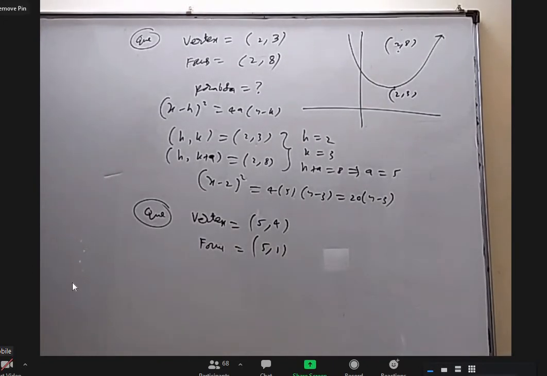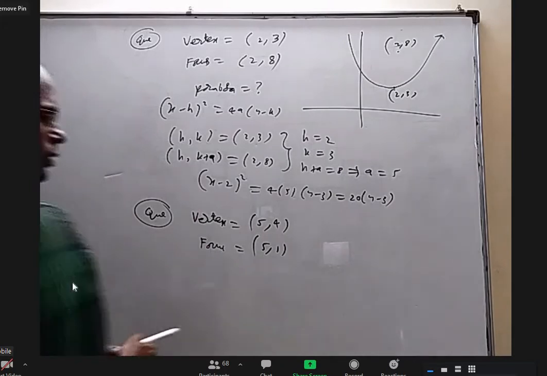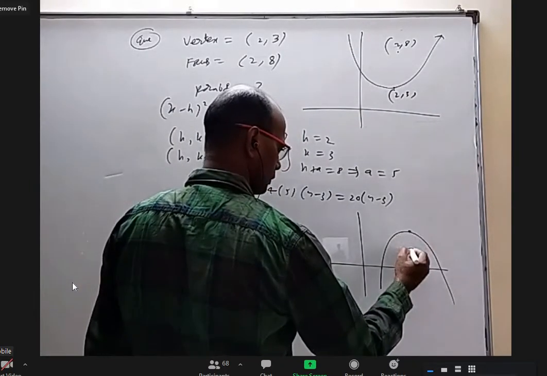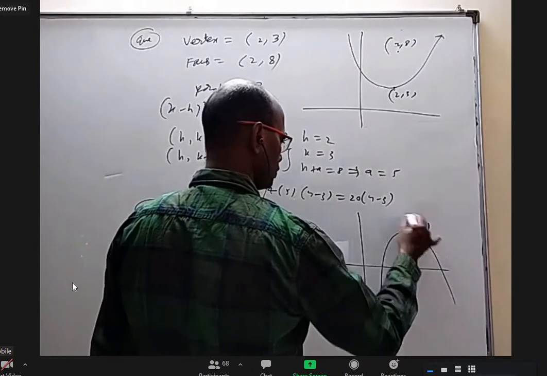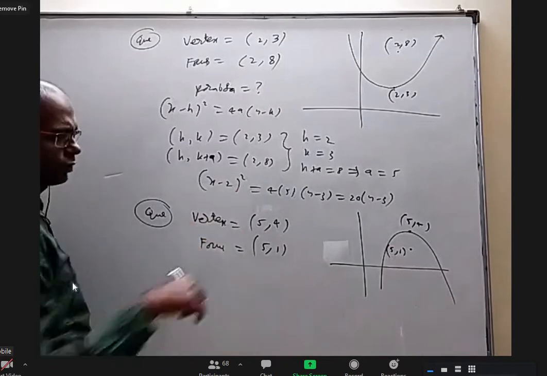Anybody want to tell the answer? x minus 5 whole square equals 4 into minus 3 into y minus 4. Yes, it's a downward parabola. This is (5, 4), this is (5, 1). Because downward you will get negative.